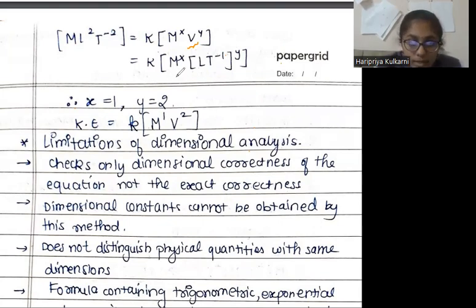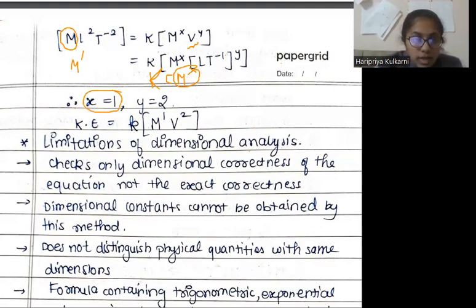So what will happen here? In one more step we'll write k, m^x would remain the same only, right? See, here you can see, comparing the mass terms, mass and mass. So what is x here? Here m raised to 1 is there, and here we have m raised to x, which implies that x is equal to 1, right?